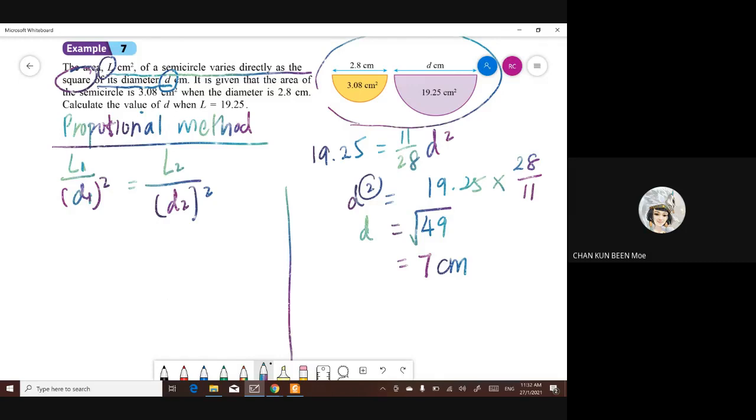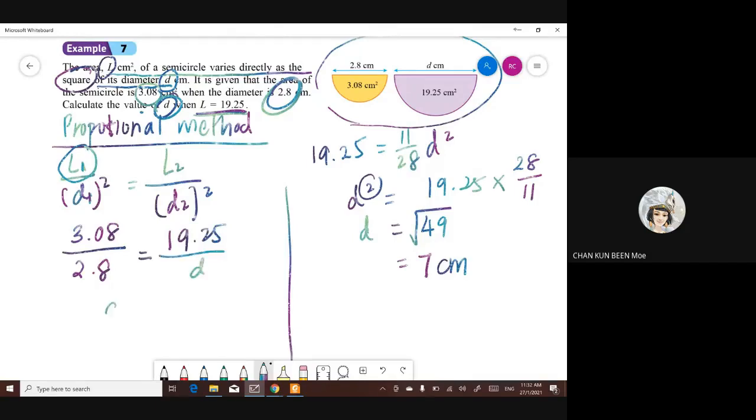If you don't want to write this, it doesn't matter as long as you understand. By replacing the L given, 3.08, substitute 3.08 over this one, 2.8. It is equal to, they want you to find the value of D when L is 19.25. So you replace the L here, 19.25 over D. Therefore, you can find the D already.